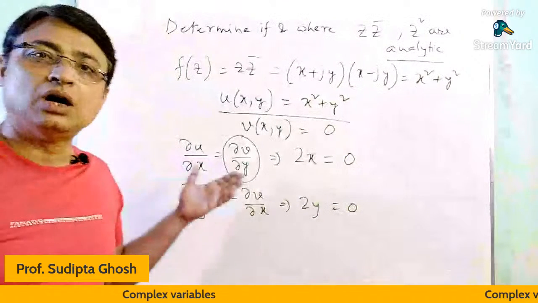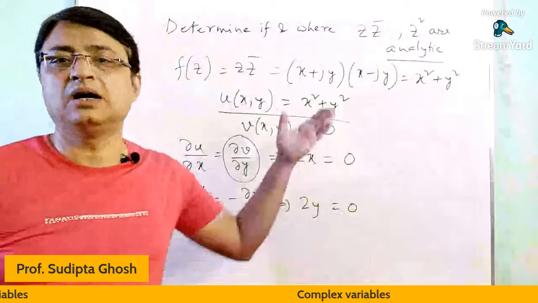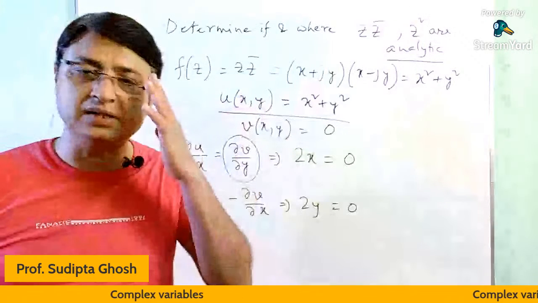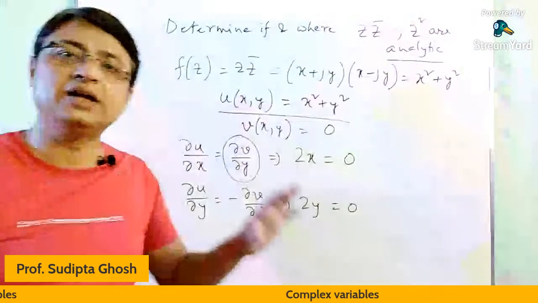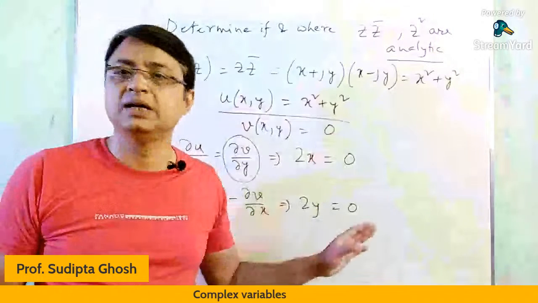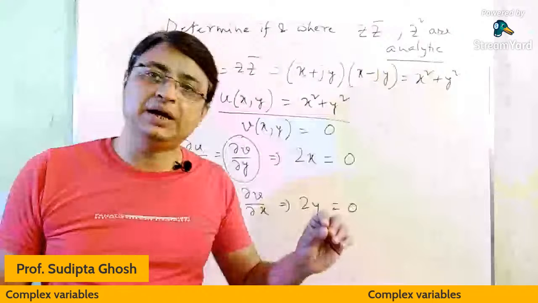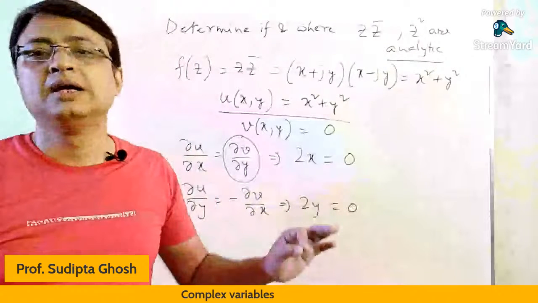So for the function z, z prime to satisfy the Cauchy Riemann equation, x and y both must equal 0, and this will be true only at the origin.